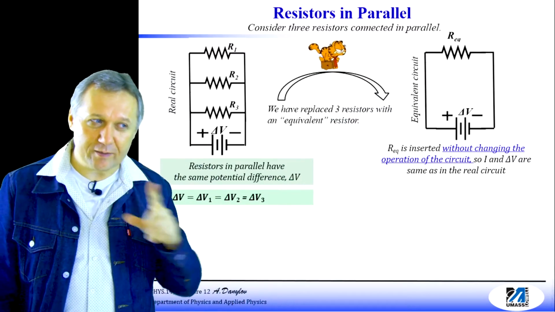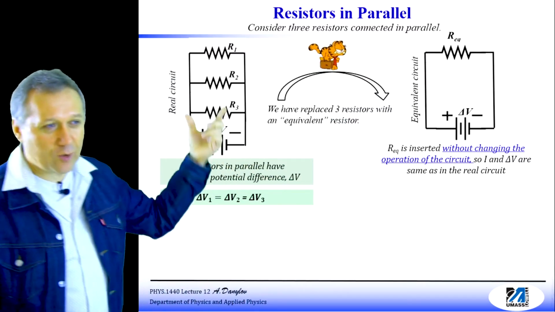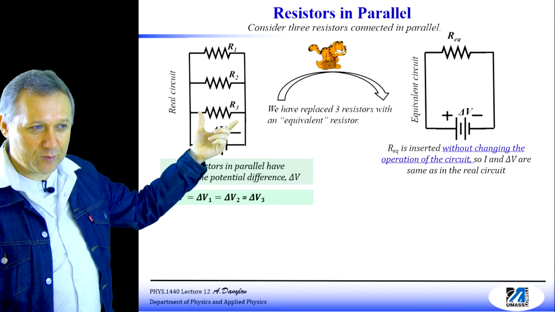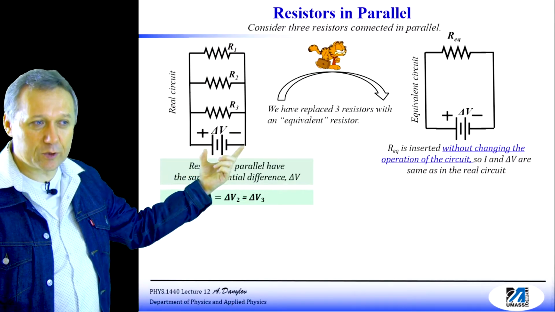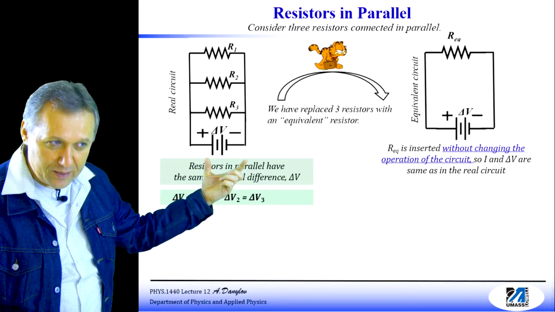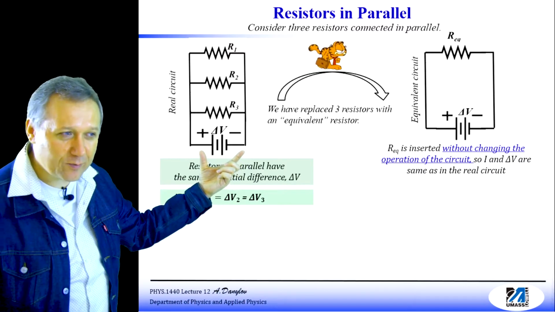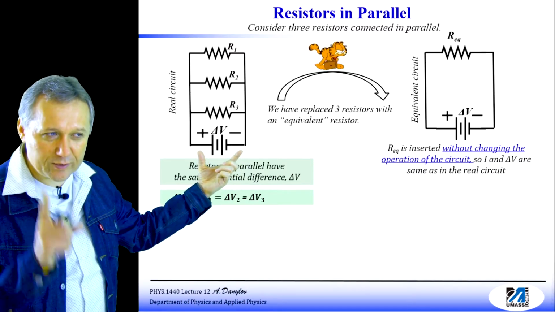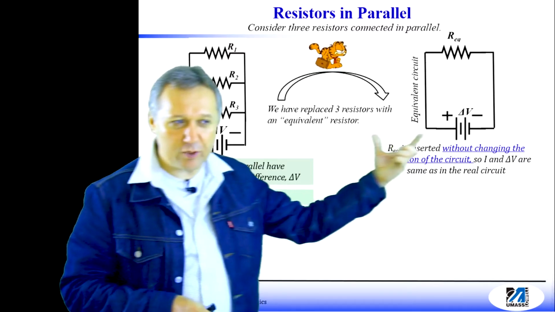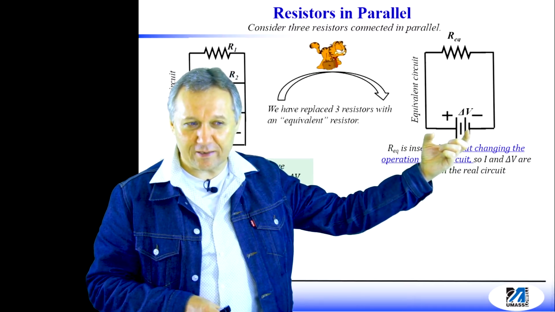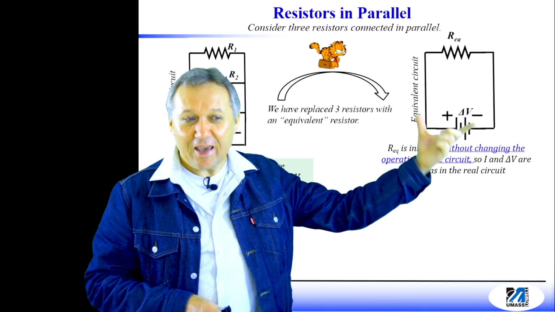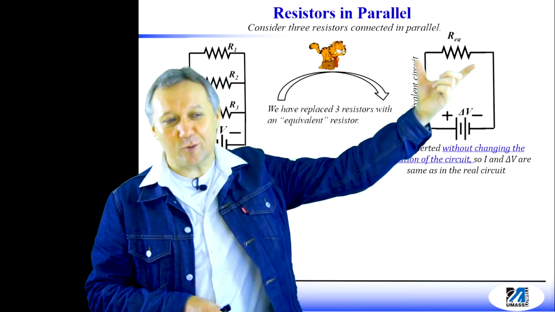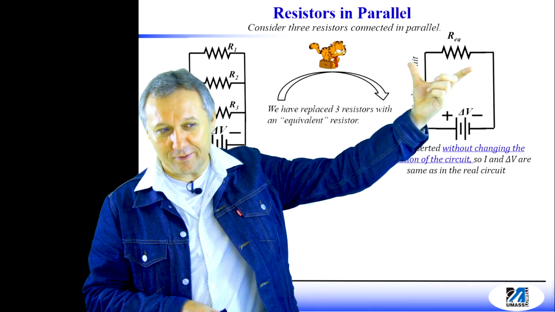So again, delta V1 equals delta V2 equals delta V3 equals delta V across the battery. Then, when we introduce an equivalent circuit, the battery must work in exactly the same way. So it means that now we can move to this circuit. Exactly the same delta V will be here, and this delta V is across our equivalent resistor.